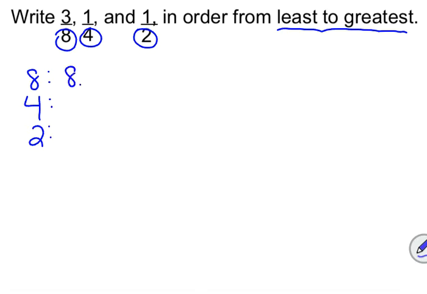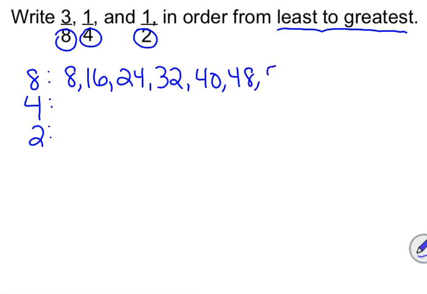Okay, so how do I know when to stop? Well, you have to keep going until we find one that's common in all three of these lists. So you might have to continue 8, 16, 24, 32, 40, 48, 56, okay? 4, 8, 12. So you have to keep going until you have something that they all have in common.